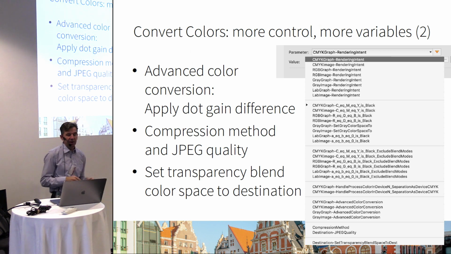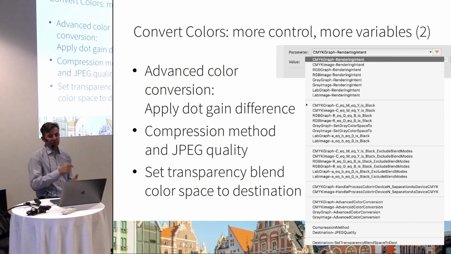Then with this setting, I can specify that the colorants are converted individually, so that for the cyan, you wouldn't do a full new black separation. So every colorant would basically be treated separately, but the dot gain difference that is part of an ICC profile conversion would be applied. So very special, but it can be adjusted.